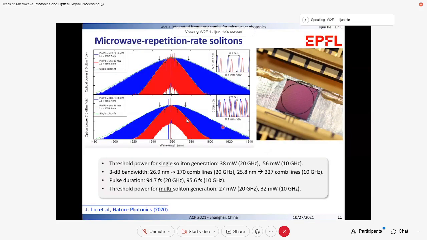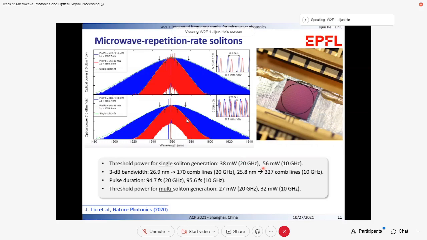So this slide shows the microwave repetition rate solitons that we obtain from our silicon nitride microresonators with FSR of 10 and 20 GHz. The threshold power for a single soliton generation is around 15 milliwatts for the 10 GHz soliton and 40 milliwatts for the 20 GHz case.